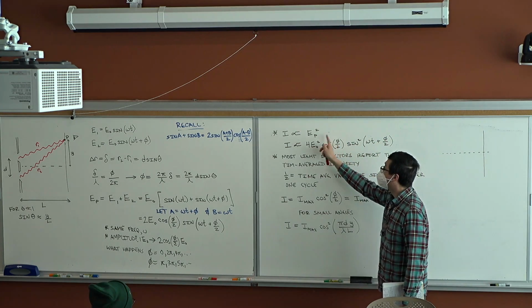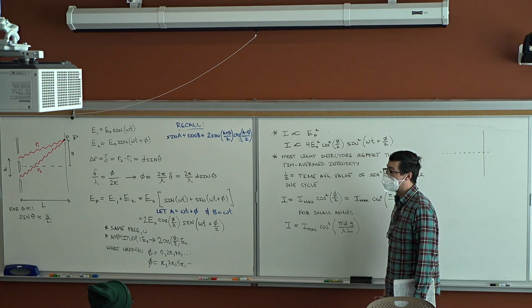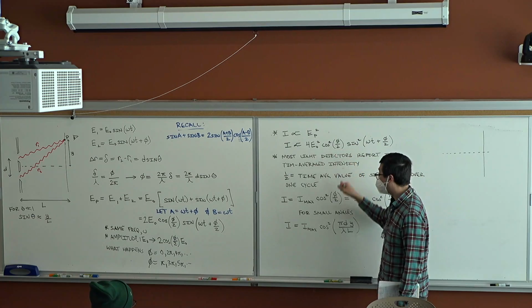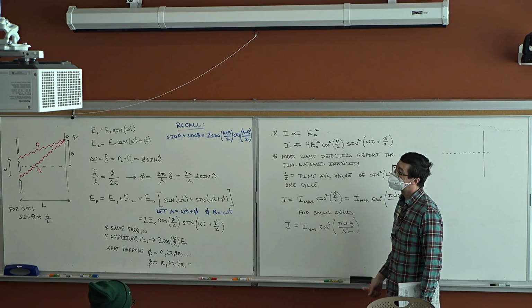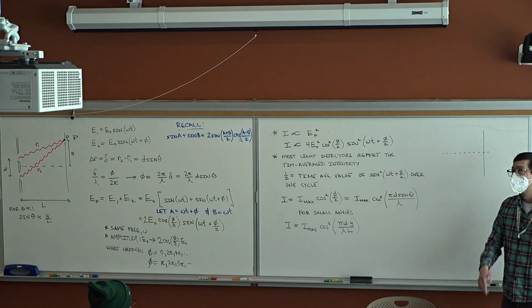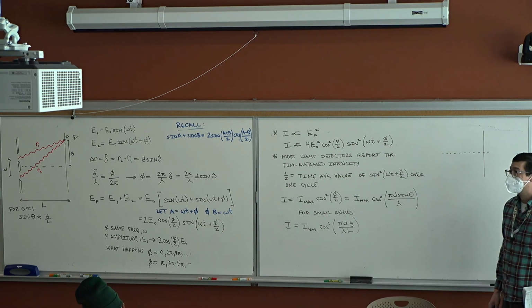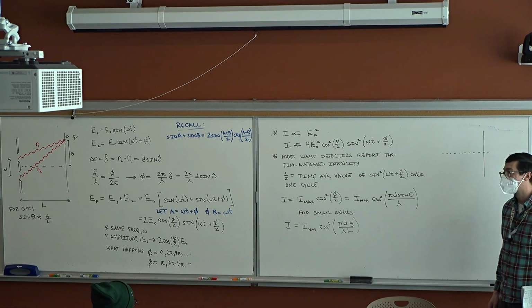And so I just buried in this the constant of proportionality. So this is proportional to Imax. I'm just not going to go into that because that's a physics 230 concept, not a physics 231 concept.